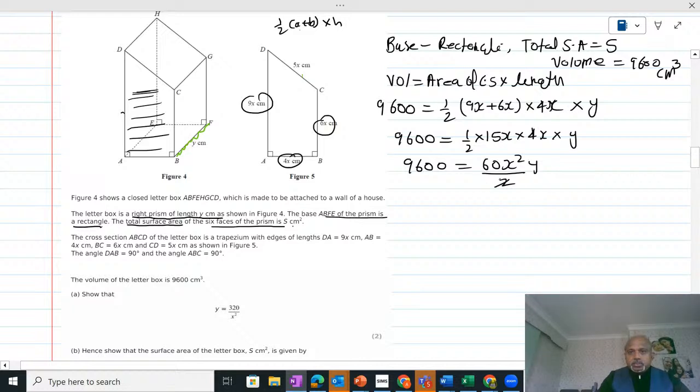So it should be 30, you can simplify, and that ends our first part.